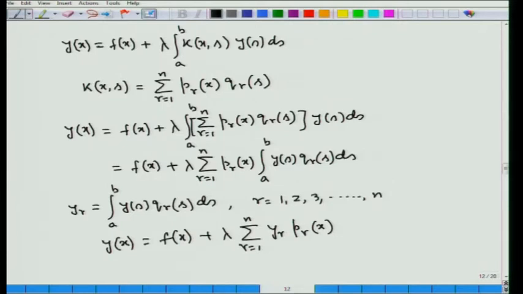In order to find this solution, we can do one thing: q_r(s), where r ranges from 1 to n, is known. We can multiply both sides of this equation by q_m, where m takes any value within the range 1 to n.